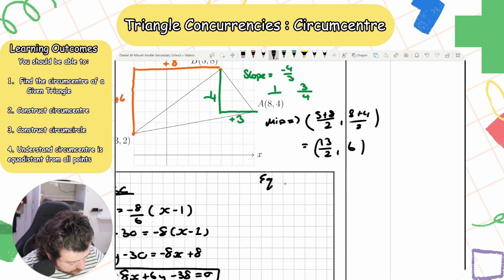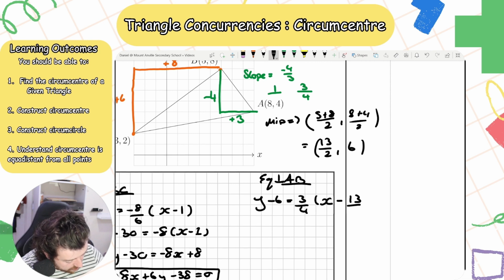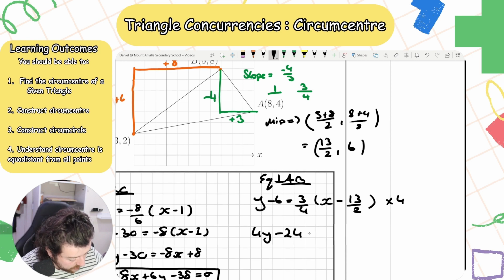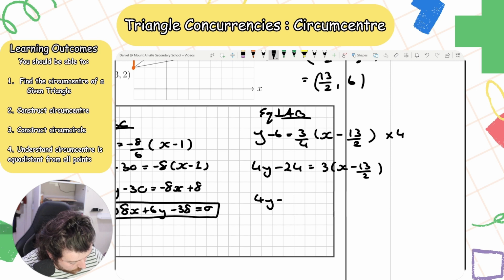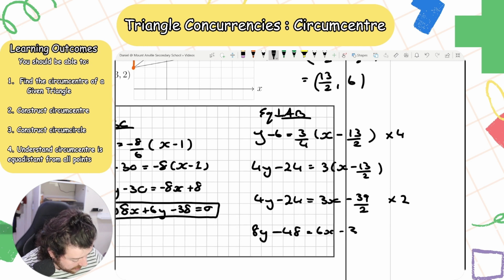So the equation of the perpendicular line of AB is going to be y minus 6 equals 3/4 times x minus 13 over 2. Multiply across by 4: 4y minus 24 equals 3 times x minus 13 over 2. 4y minus 24 equals 3x minus 39 over 2. Multiply across by 2: 8y minus 48 equals 6x minus 39.